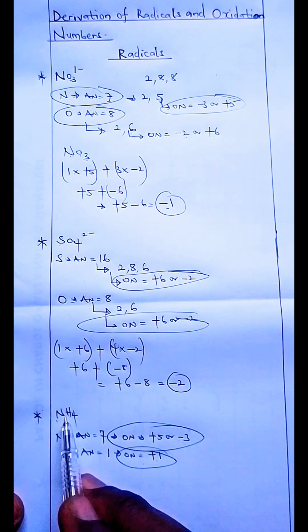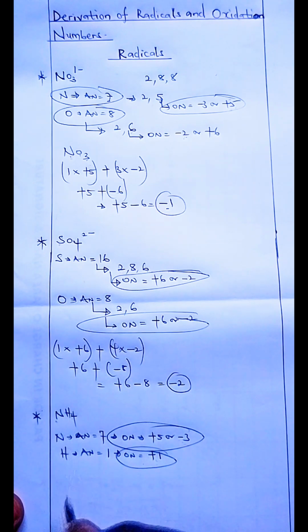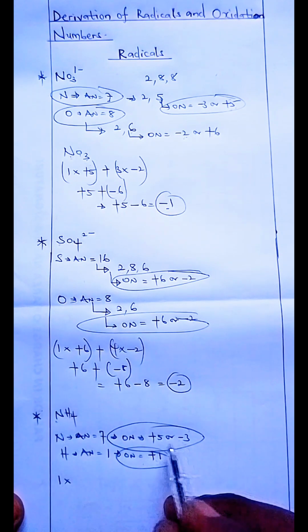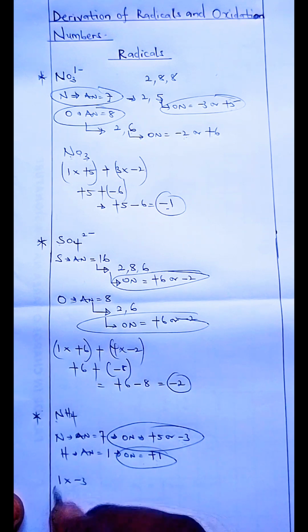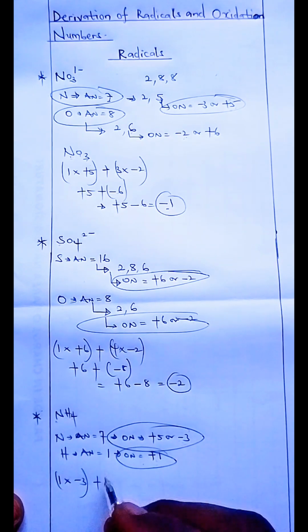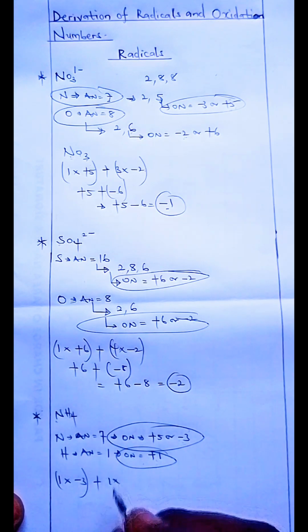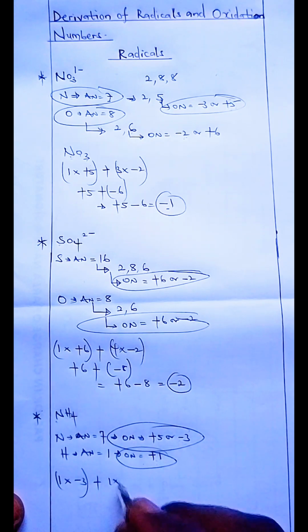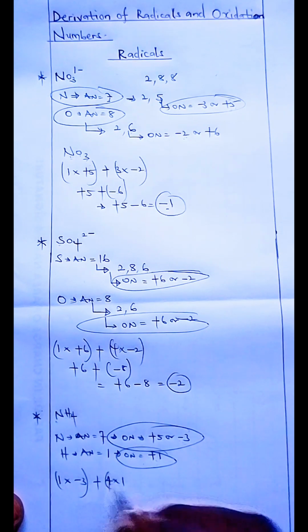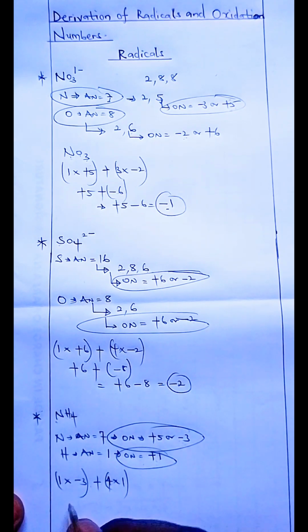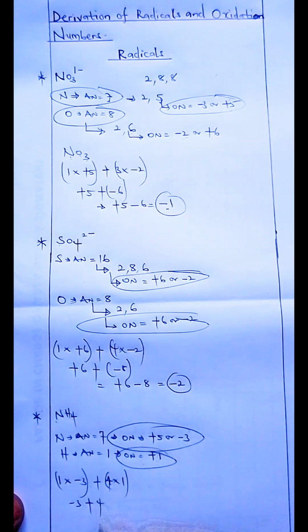Nitrogen has 1 atom only, while hydrogen has 4 atoms. So 1 times minus 3 for nitrogen, plus 4 times 1 for hydrogen. 1 times minus 3 gives us minus 3, plus 4 times 1 is 4. So minus 3 plus 4 gives us plus 1.